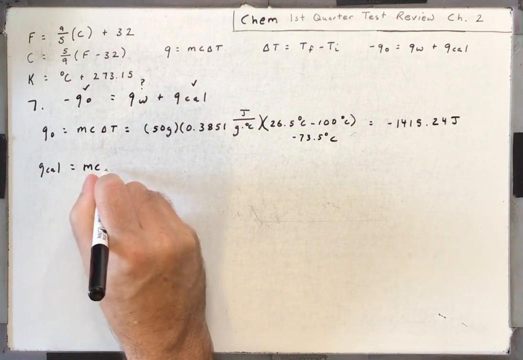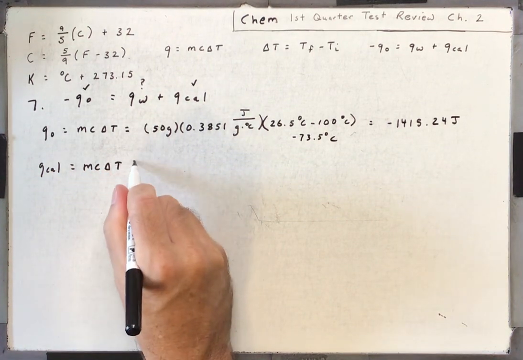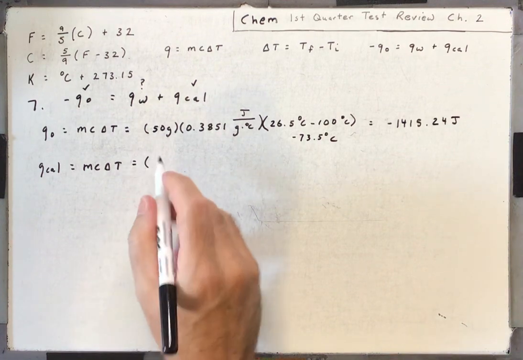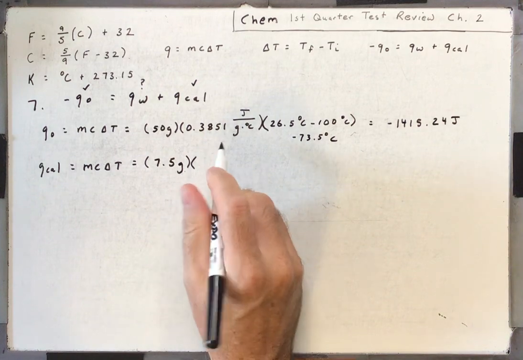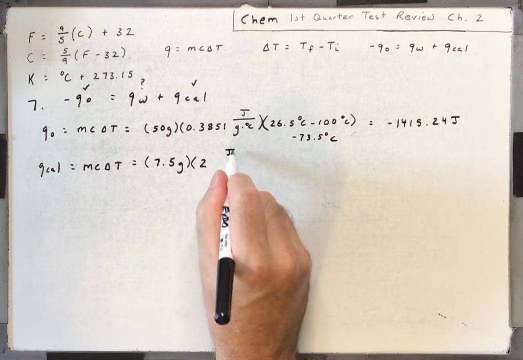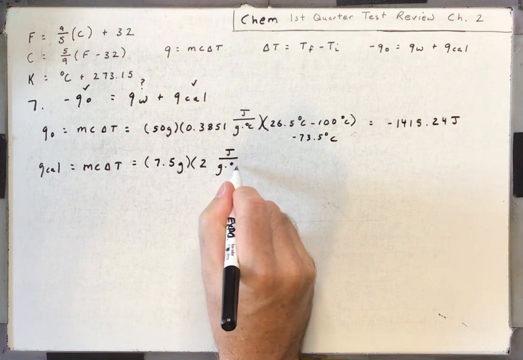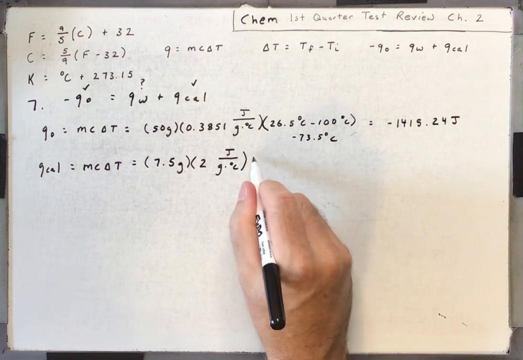That's mc delta T. So the calorimeter is 7.5 grams, specific heat of 2. It's not a very good calorimeter. Should be a lot bigger than 2 if it's any good.